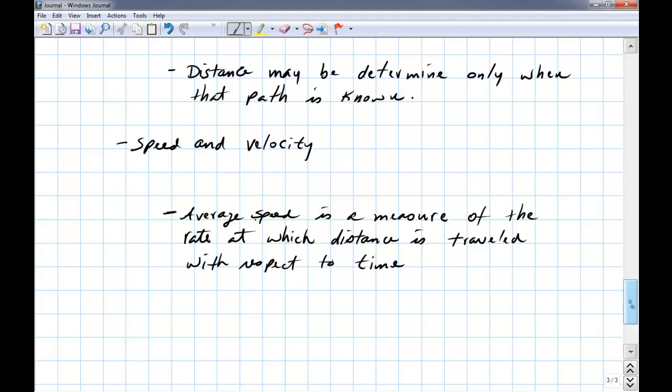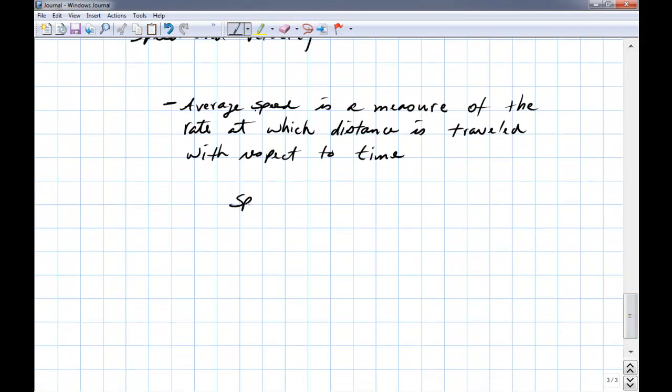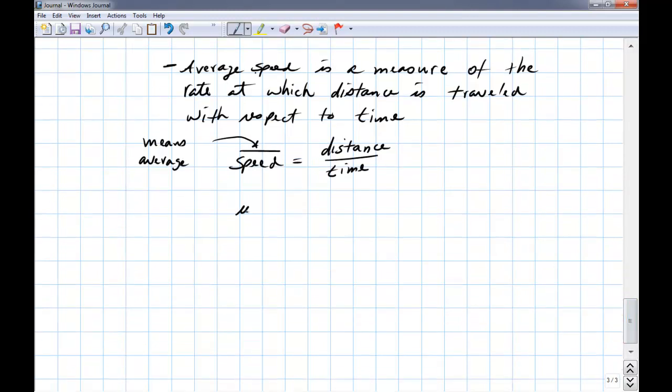The symbol for average speed is speed with a bar on top. Now, anytime we see a bar on top of a variable, it just means average. So we'll note that. The bar just means average. And average speed, as noted, just equals the distance divided by time. The units that we'll be using to quantify average speed are meters per second or feet per second.